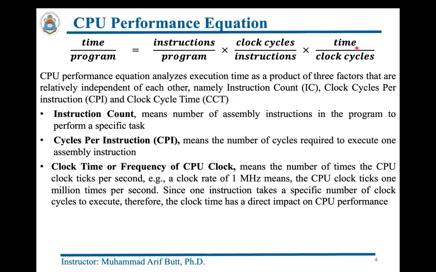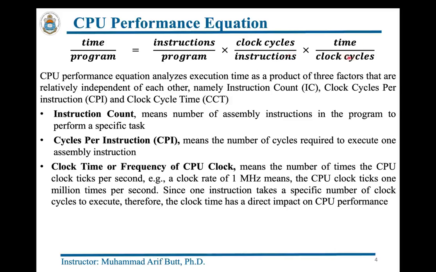So to sum up, the CPU designers need to lower the value of these three factors in order to improve this CPU performance equation. Well, if we lower the instruction count by adding more complex assembly instructions, this will increase the other two factors, that is the CPI as well as the clock time.